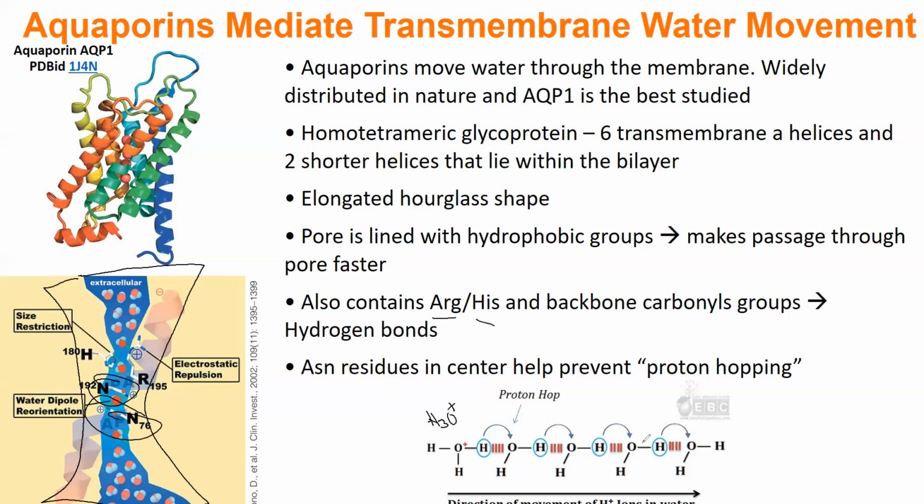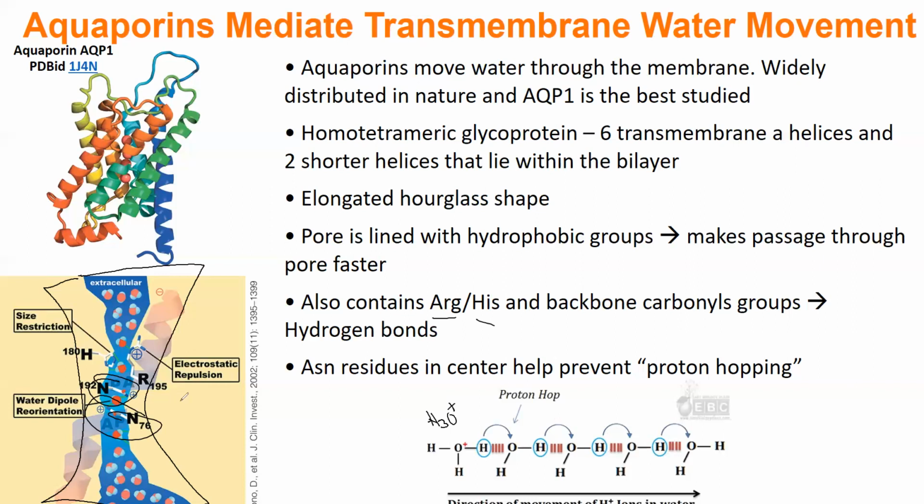So it will pass off that hydrogen to another water, which will pass off that hydrogen to another water, and so on and so forth. And what you see is that hydrogens can appear to move incredibly fast inside of the cell because you have this proton hopping. They're going way faster than they could through diffusion, for example.